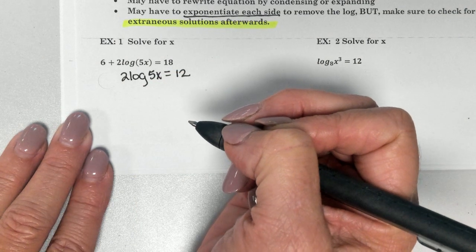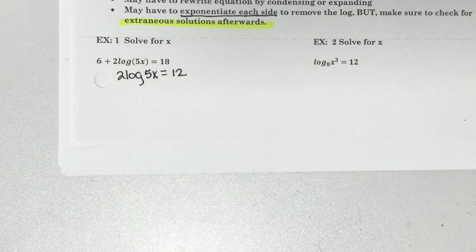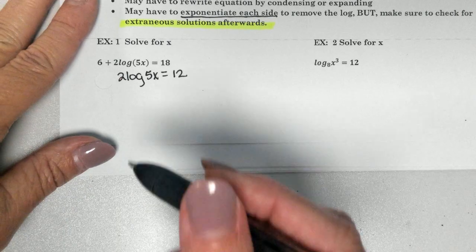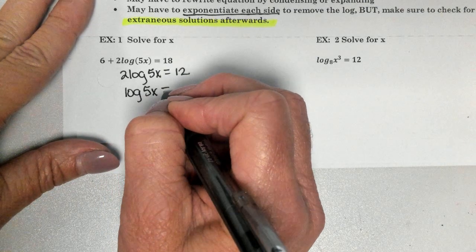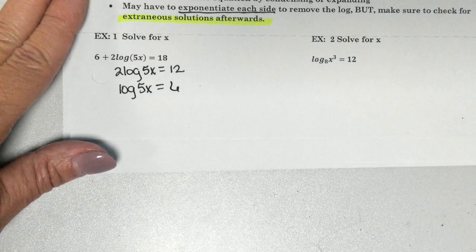Now, let's forget about the log for just a second, and let's just say instead of 2 times the log of 5x, this was 2 times x. What would be your next step to solve the equation? Divide, right? We're going to divide both sides by 2. So you end up with log of 5x is equal to 6.